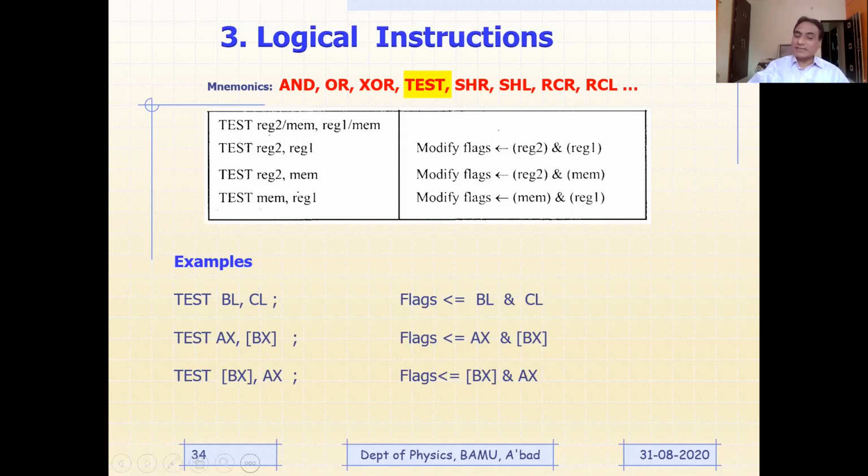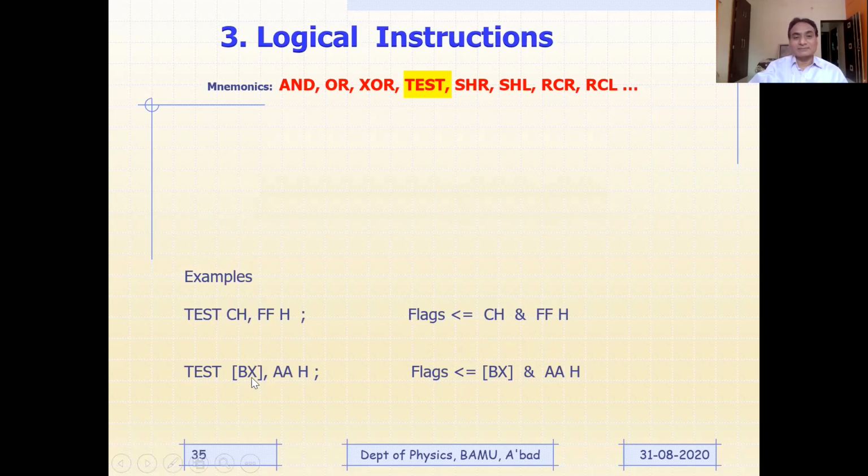An example, the same examples, only AND is replaced by TEST. Now look at TEST BL, CL. It means CL is going to be logically ANDed with BL and flags are going to be updated. TEST AX, [BX] means the content of the memory location whose address is in BX is going to be logically ANDed with AX, and AX is not going to be modified, rather flags are going to be modified, and the same thing holds for the last instruction as well.